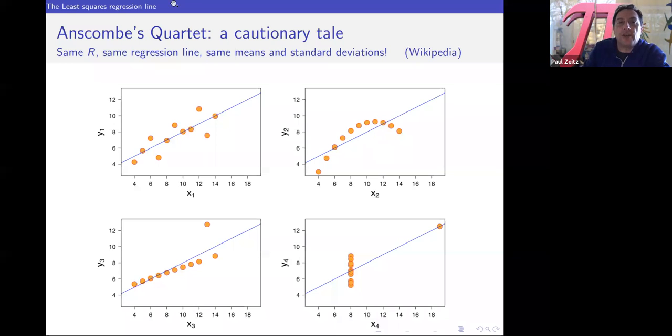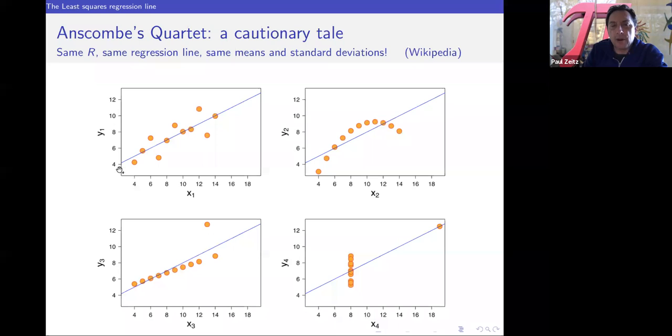They're called Anscombe's quartet, because they were invented by a statistician named Anscombe in the 1970s. What's amazing about these data sets is that for each of them, let's look at this one, because this is the only good one. For this data set, the mean value of X, I believe, is 11, and the mean value of Y is like 9. In fact, I know that because the line is going right through there.